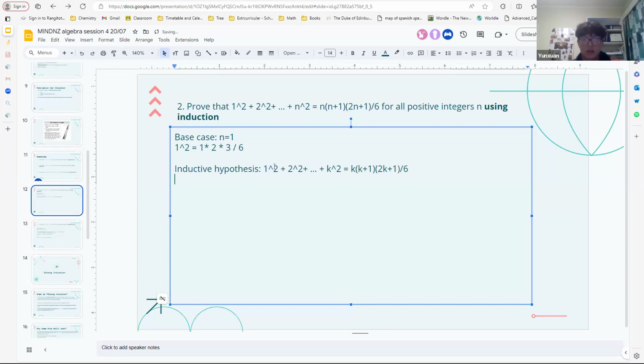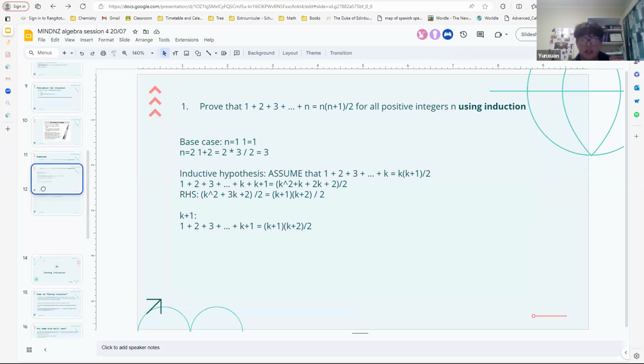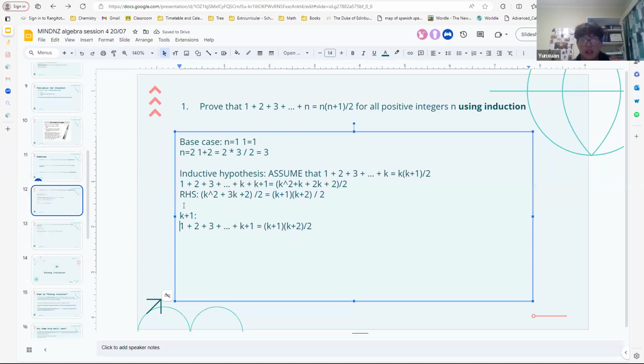So how do we extend this to k plus 1? We use the same method as before, right? Because these two problems are basically identical. So first we look at what k plus 1 needs us to have, and then we try to extend our hypothesis to match what k plus 1 wants us to have.